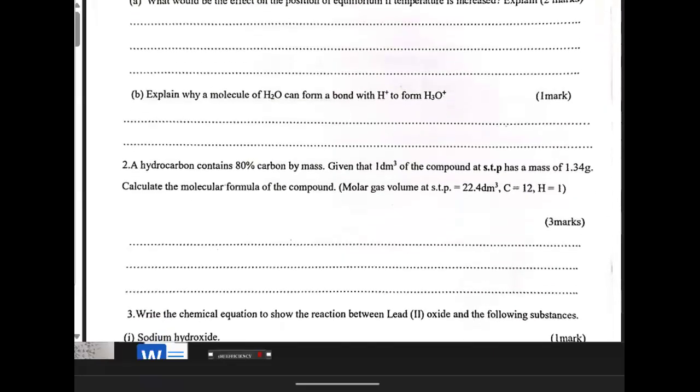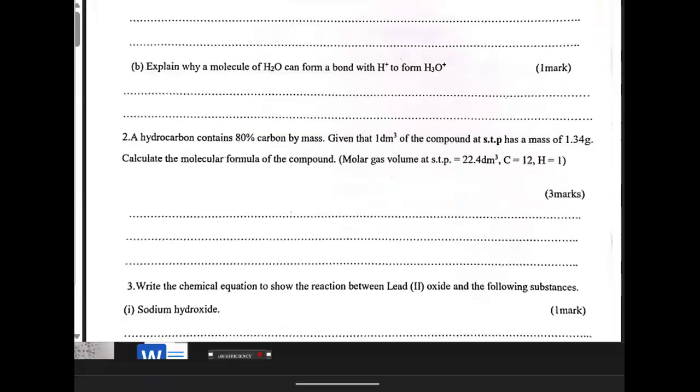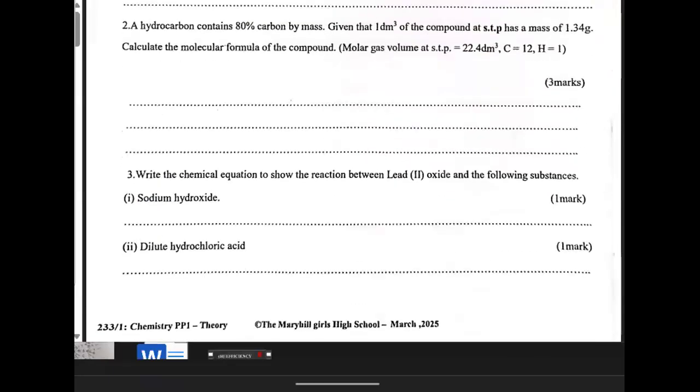So 1 mole is 22.4 decimeter cubed. How about 1 decimeter cubed? 1 decimeter cubed will be 1 over 22.4 times 1. There you get 0.044642857 moles.